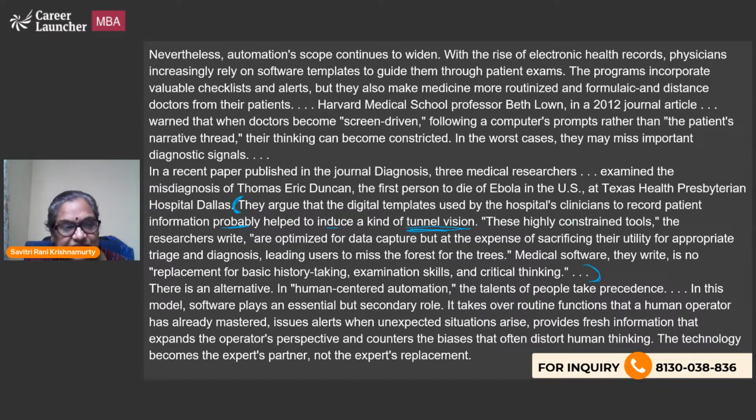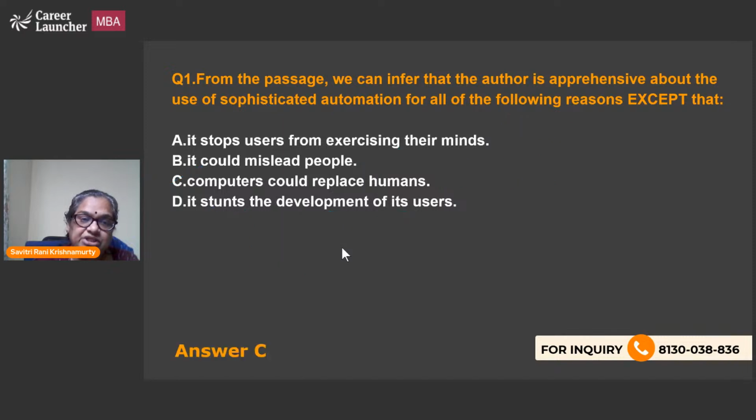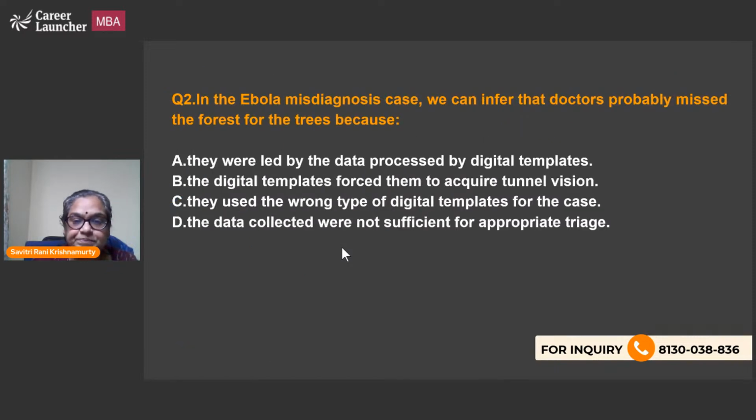These highly constrained tools are optimized for data capture, but at the expense of sacrificing their utility for appropriate diagnosis, leading users to miss the forest for the trees. You're missing the big picture. Medical software is no replacement for basic history taking, examination skills, and critical thinking. Got it? Okay, so which answer is correct?